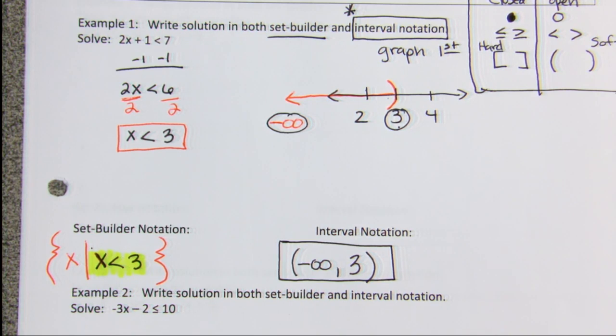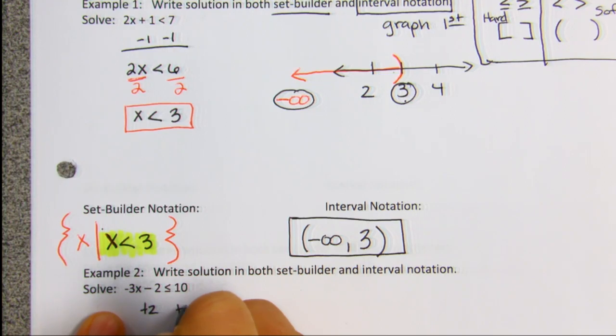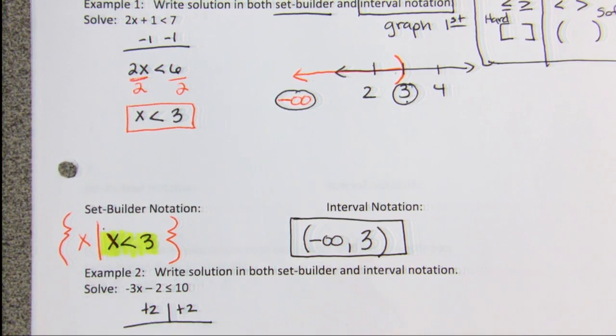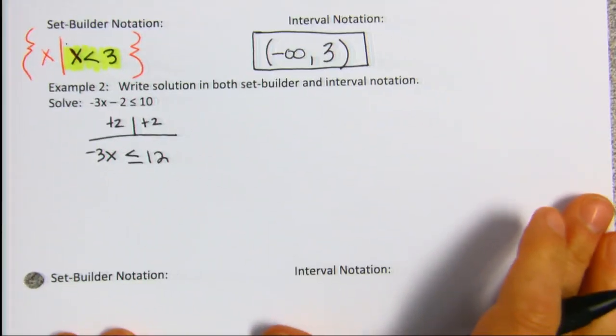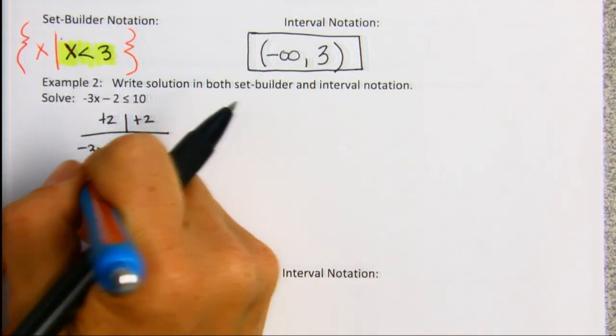Let's do another one. So let's solve this one. We would add 2 to both sides, right? So negative 3x is less than or equal to 12. Solving for x, we would divide by negative 3.